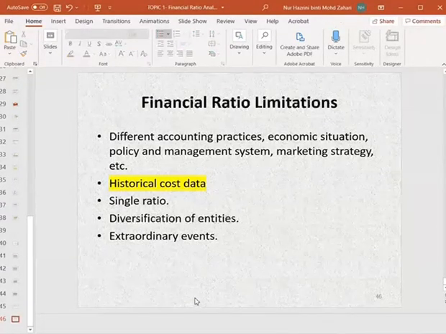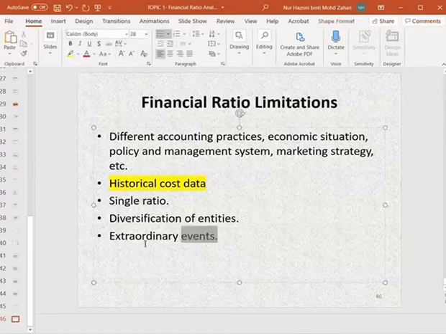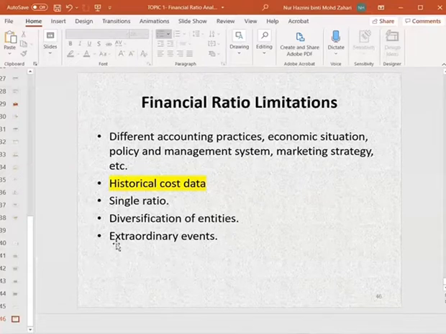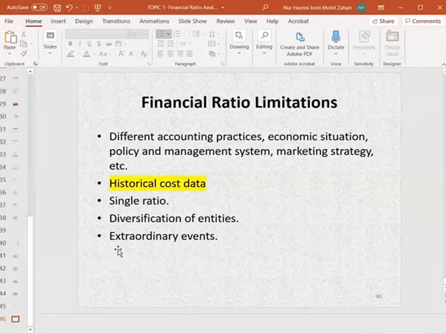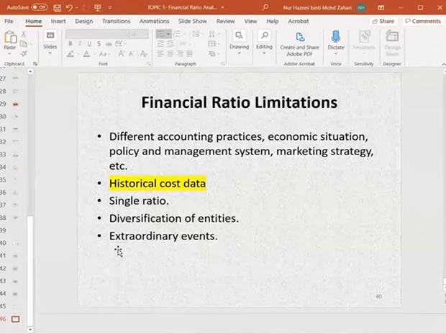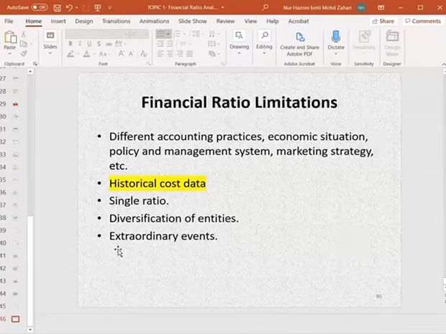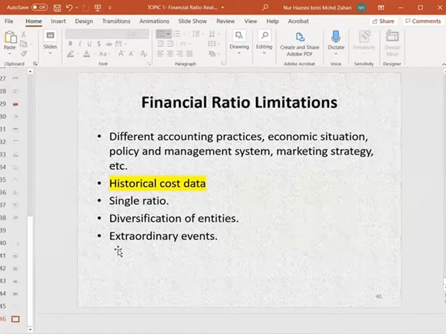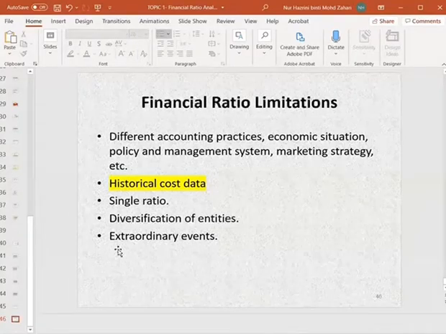And lastly, we have extraordinary events. This one relates to historical data just now. Like I said, we use the financial statements of 2018, 2019 to make a decision about a company. But if we don't look at the extraordinary event that happened in 2020, we might say that the company is doing good just because they did well in 2019.